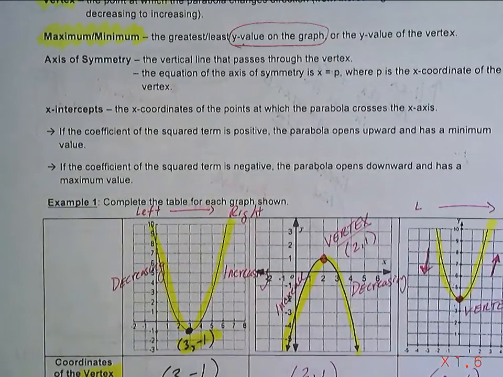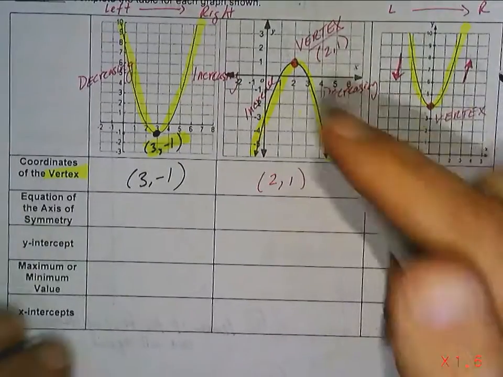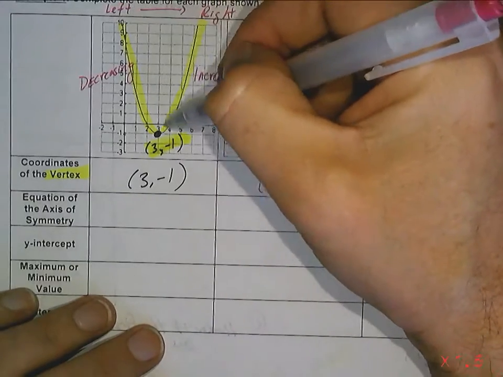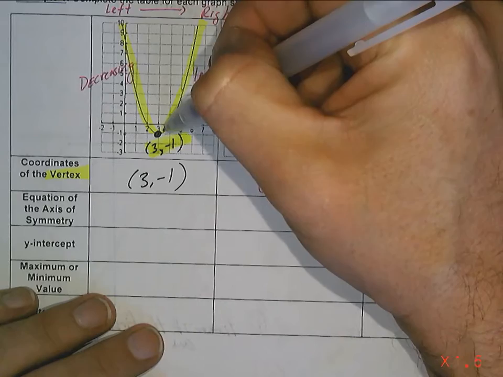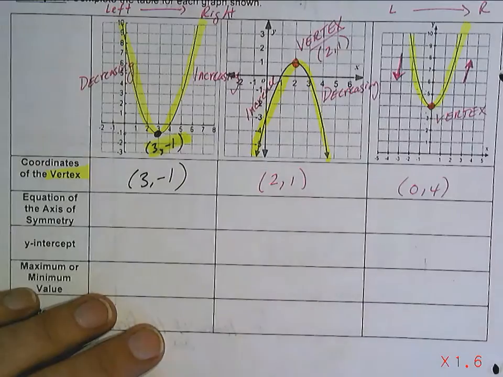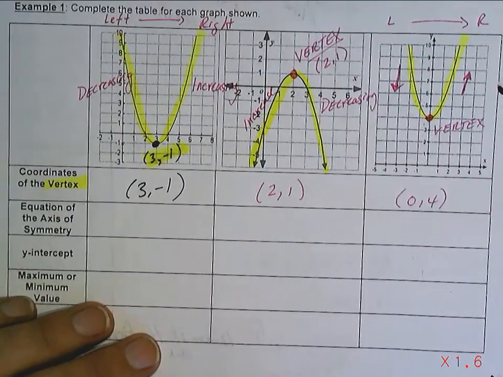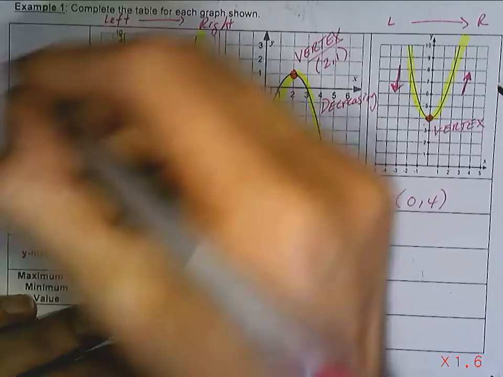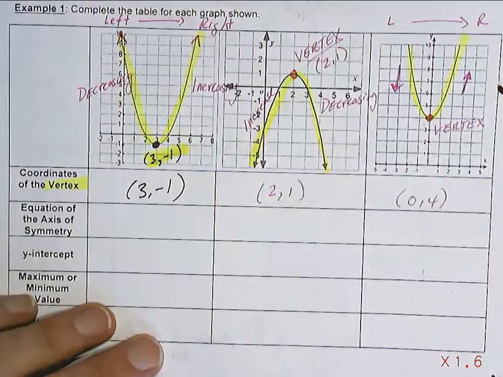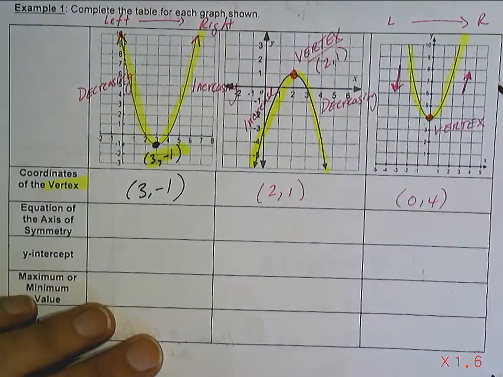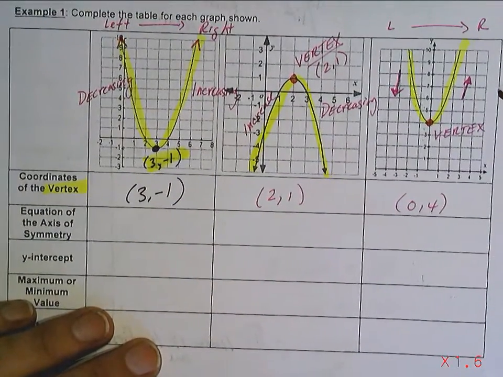Now we got to be careful here. Take a look at this parabola. It goes down, down, down, and then it goes up, up, up. There is no maximum. Let's get this very, very clear. See this? See those arrows? They keep going and going and going. There's no maximum point. None.